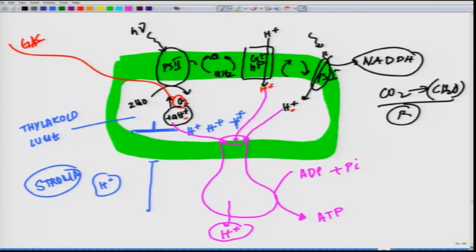So, this is essentially the vectorial arrangement of photosystem 1 and 2, the cytochrome BF complex and ATP synthase in the thylakoid membrane. Light-induced proton pumping makes the inner space acidic, and the flow of protons through CF0 to the stromal side leads to the synthesis of ATP by CF1, and NADPH is also formed on the stromal side. So, all the products are coming on the stromal side.